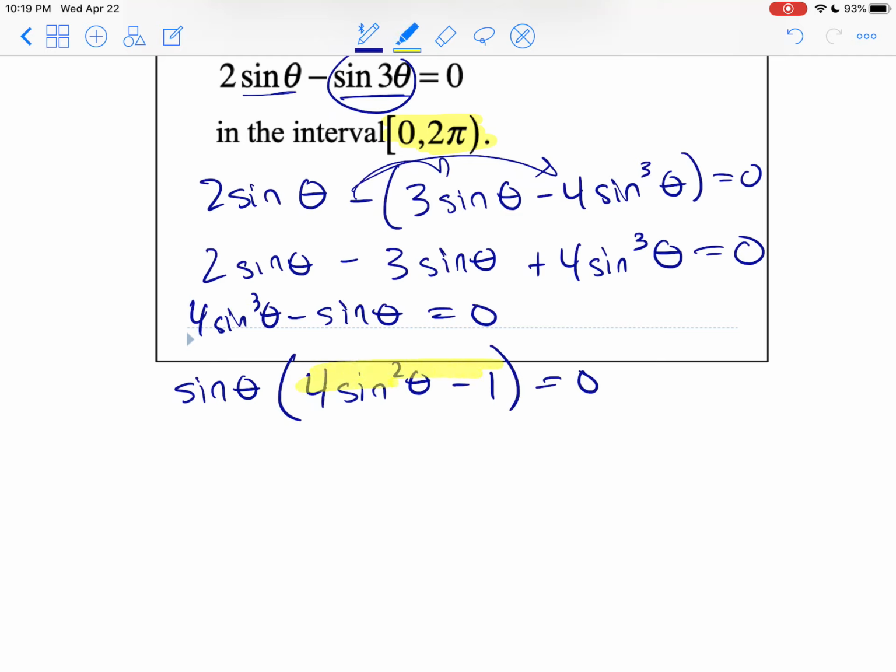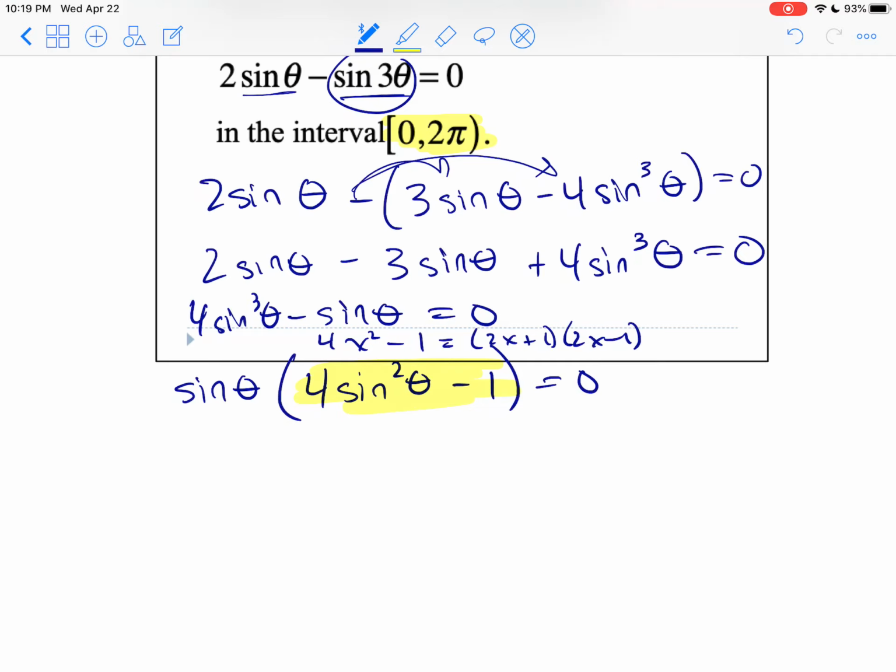And this expression right here looks like the difference of 2 squares. I have 4x squared minus 1. Think of it as 4x squared minus 1, which factors as 2x plus 1, 2x minus 1.